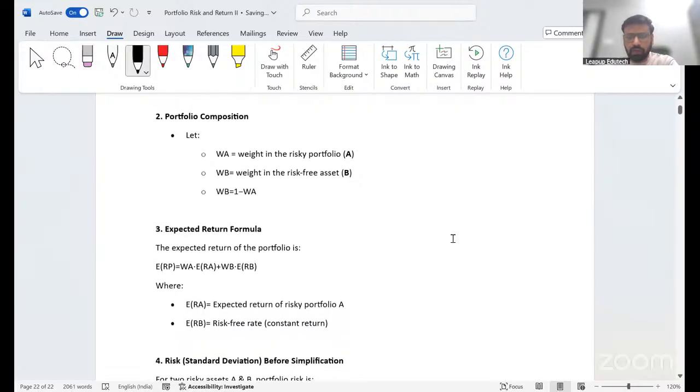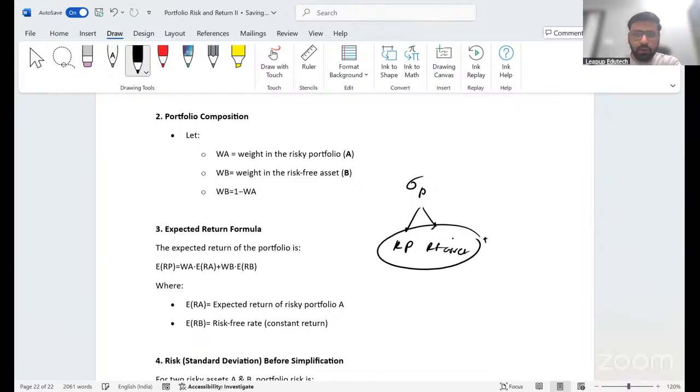Sir, are you talking about the standard deviation of a portfolio that combines a risky portfolio and a risk-free asset? Yes. What would the standard deviation of such a portfolio be?